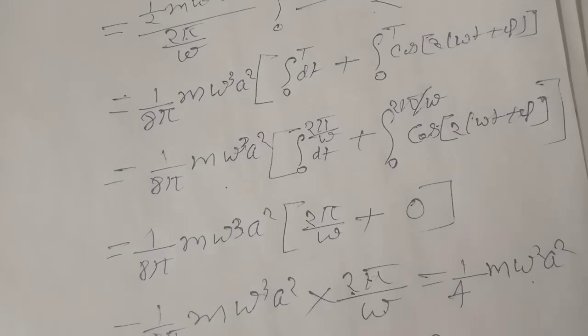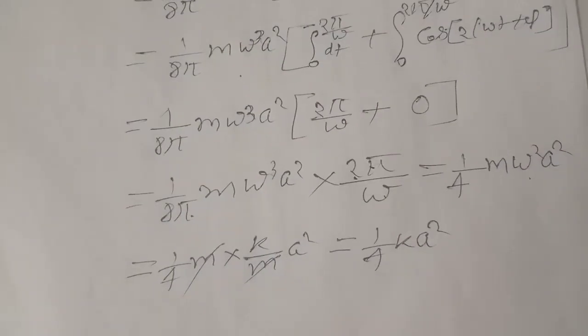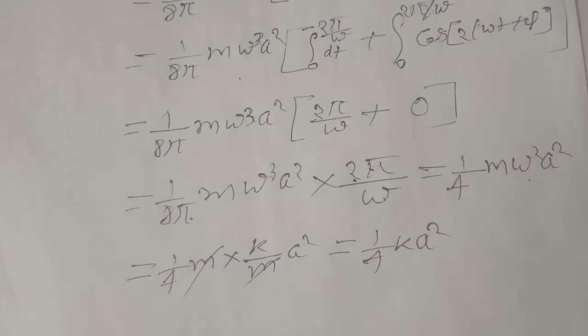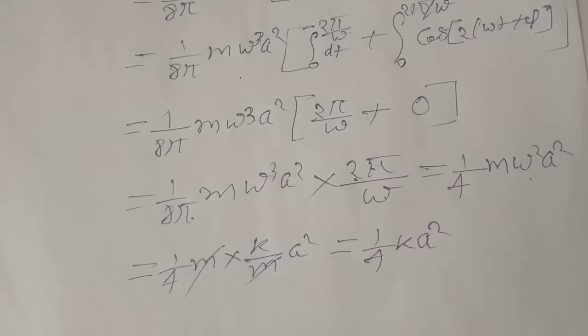Now we have calculated the average kinetic energy of the simple harmonic motion in one time period of oscillation. Similarly, we can calculate the potential energy in one time period.